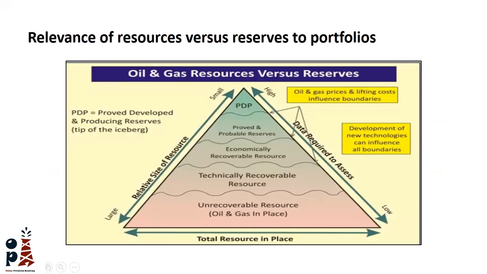So if you look at the resource, or the total oil in place, you will find that we have an iceberg of resources, which is divided into technically recoverable resource. Then not all technically recoverable resource is economic, so we have economic recoverable resource, and not all economic resource can be extracted with high certainty.